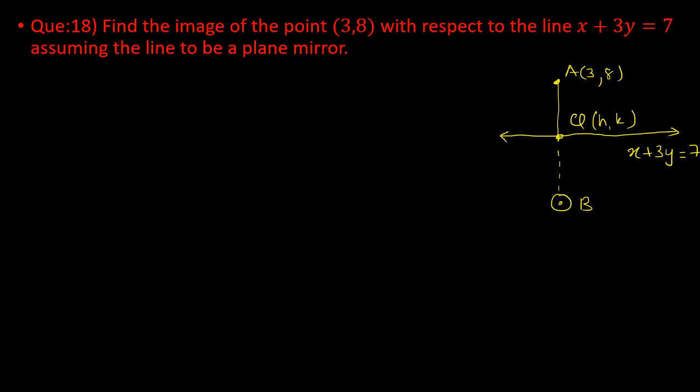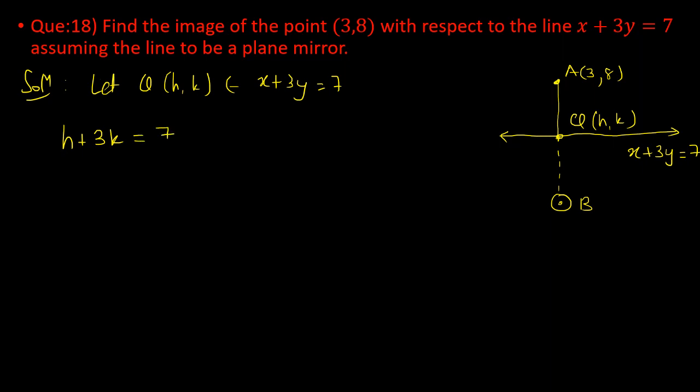So can you say that Q of h, k belongs to x plus 3y is equal to 7 line, right? That means this will satisfy this equation. So can I write h plus 3k is equal to 7, which implies h is equal to 7 minus 3k.